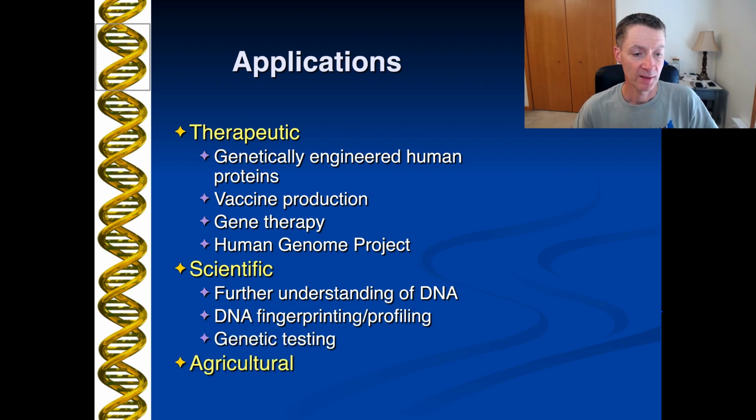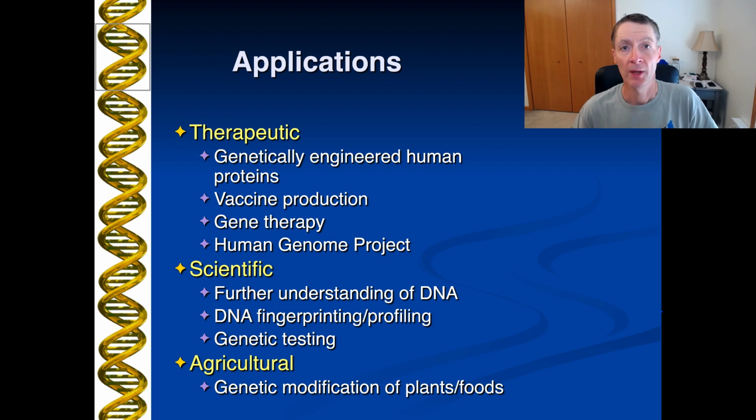We have genetic testing. We even have agricultural applications where we can modify plants, like I mentioned, GMOs, right? We can modify plants so that they are able to withstand certain environmental pressures, whether it be heat or cold, or it's too dry or it's too wet. Pests, right, that would otherwise infect the plants.